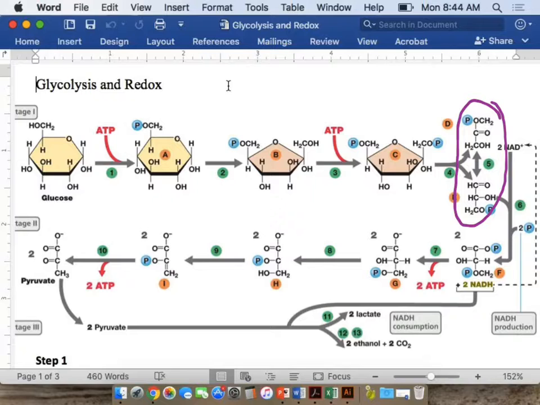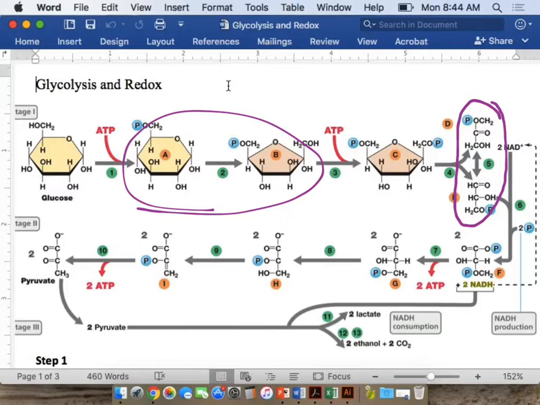One other spot is step 2, glucose 6-phosphate to fructose 6-phosphate. Again, what's the key feature with isomerization reactions? Same formula, different structure. Oftentimes it involves breaking a bond and then creating a new bond in return.